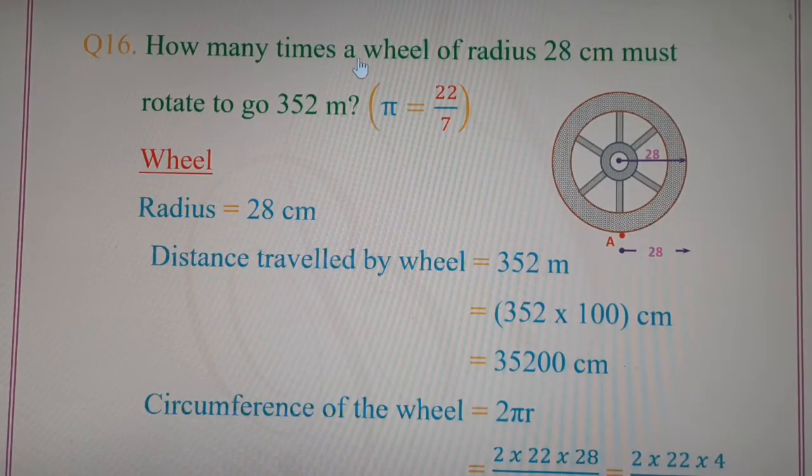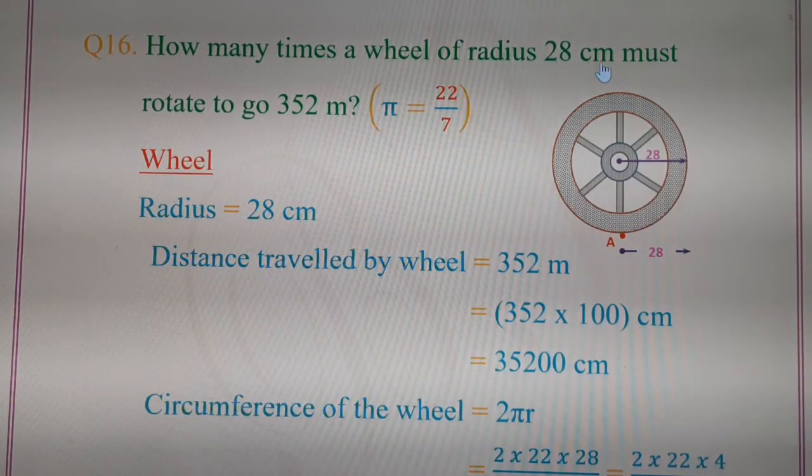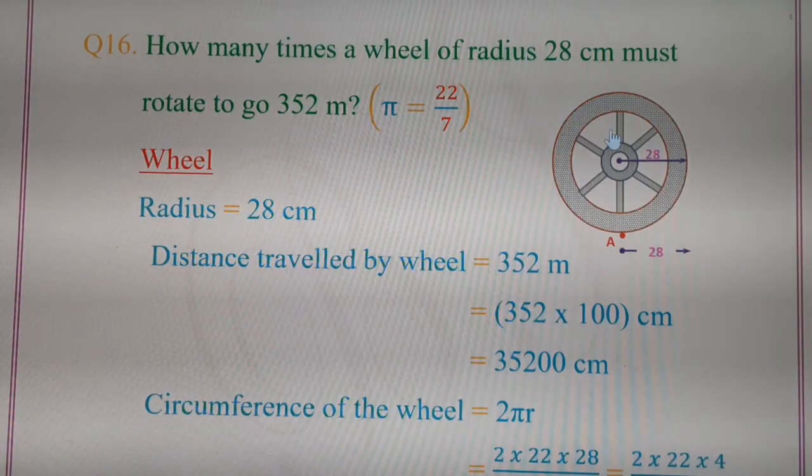How many times must a wheel of radius 28 centimeter rotate in order to go 352 meters? So the question is asking how many times the wheel will rotate in order to travel a distance of 352 meters.